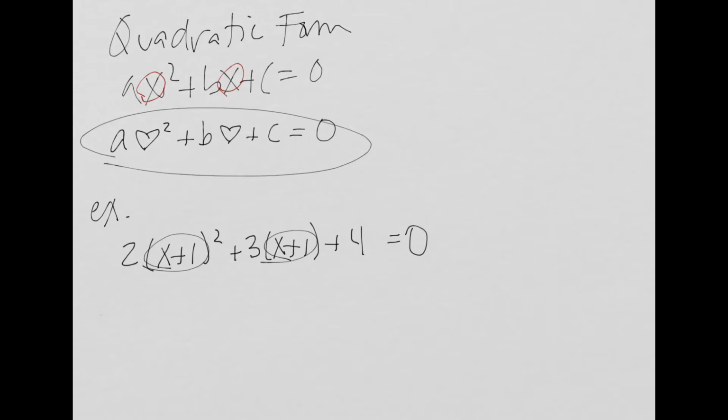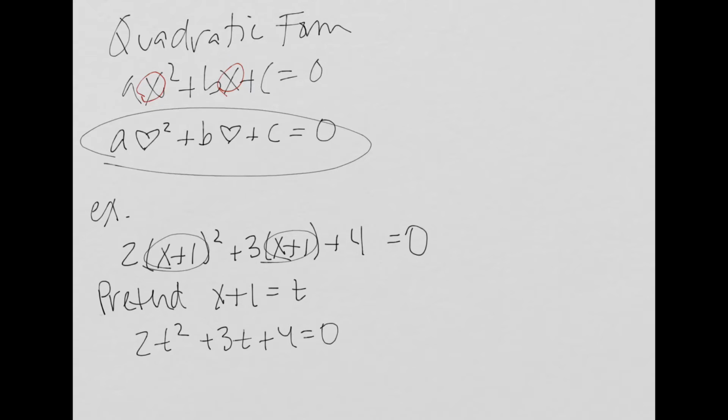My something is x plus 1. So how are we going to solve this? We're going to pretend that instead of writing x plus 1, I'm going to write a t. That changes the equation to 2t squared plus 3t plus 4 equals 0.